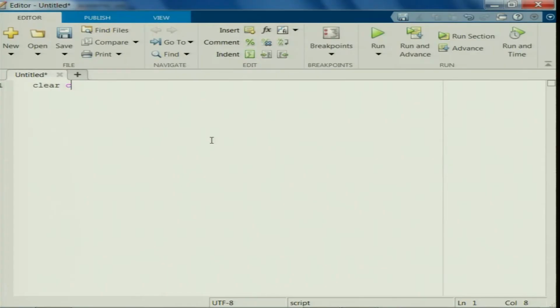Okay. Let us start the new subroutine. So, as usual I am clearing the memory and closing all the windows, if they are open.